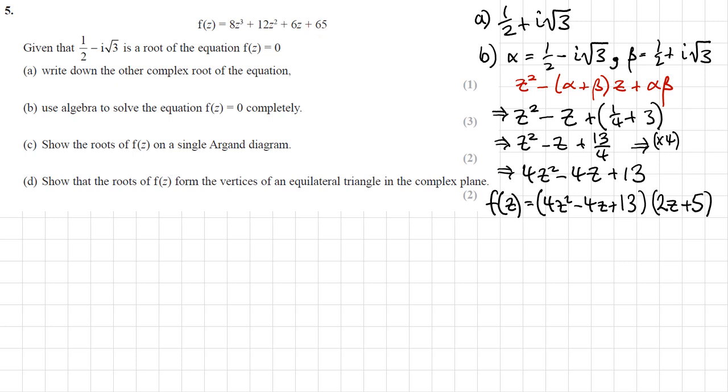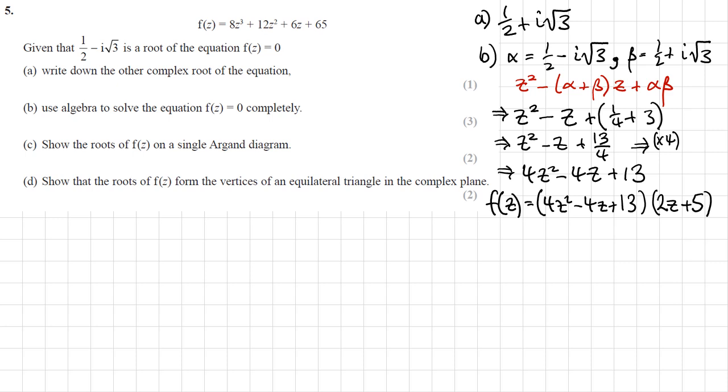Now it's always worth checking that if you expand the brackets you do get this. So let's do that. So I get 4z cubed, then I'll get 20z squared, and then minus 8z squared, so that gives me the 12z squared. Then I will get minus 20z, and then plus 26z, so that gives me the 6z here, and then the 65. So that sort of works out.